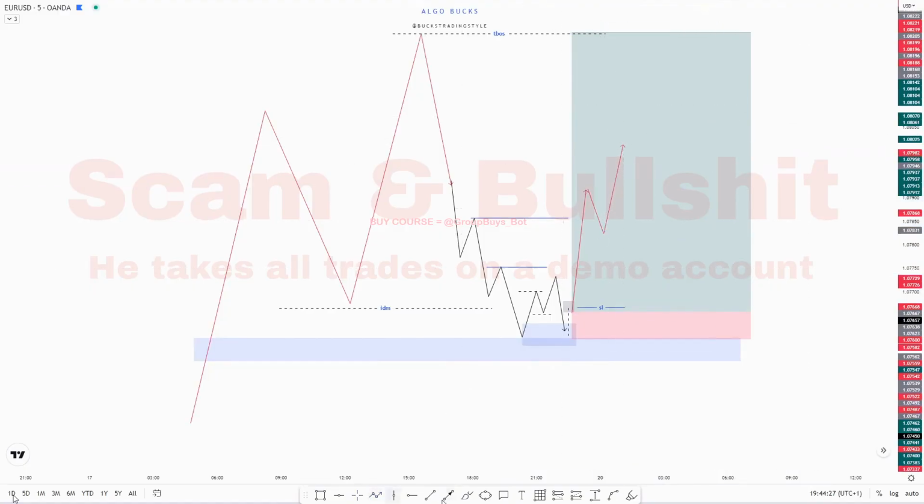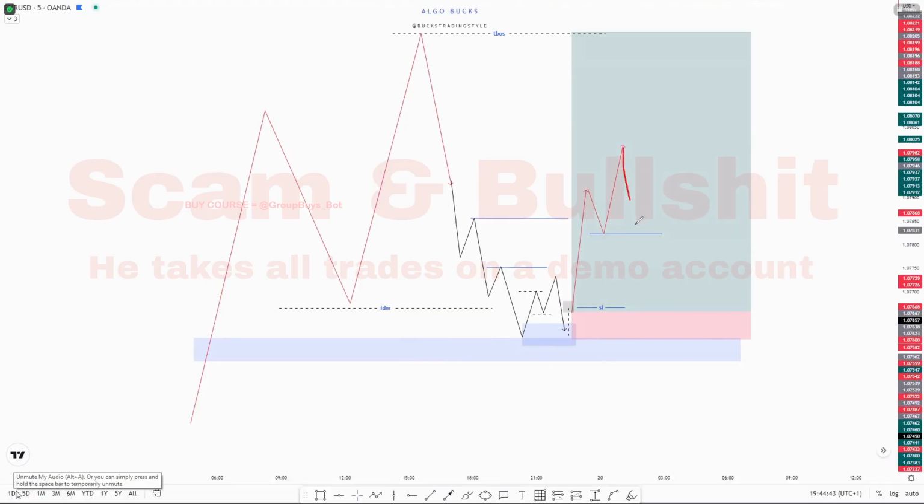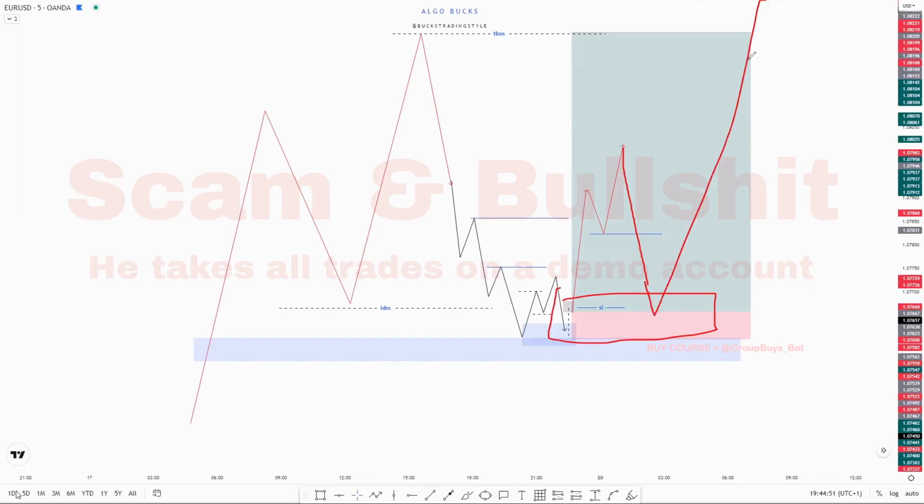So you see, price is showing us another reason for it to come lower. Now, price is all about reading the story. So if price does something like this, we'll be seeing this low as liquidity. So price can easily come down to this point, look for something to mitigate around here, mitigate this POI, and then go back up.